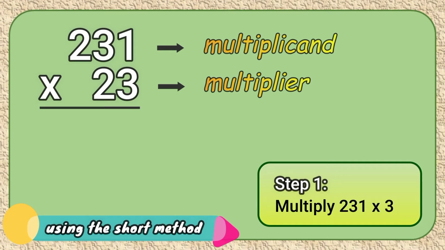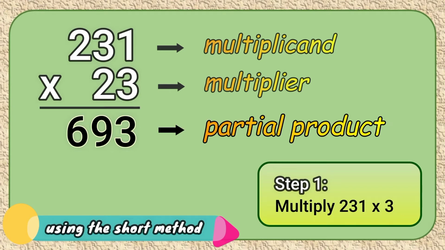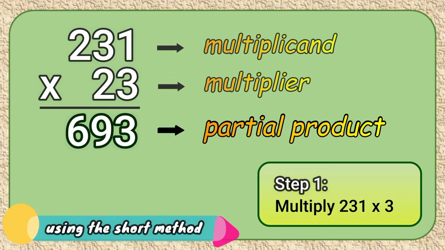So we have 1 times 3, that is 3. 3 times 3, that is 9. And 2 times 3, that is 6. Our partial product is 693. Step 2. Let us multiply again the multiplicand 231 by the multiplier 2 in tens place.